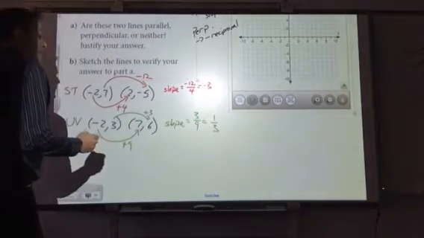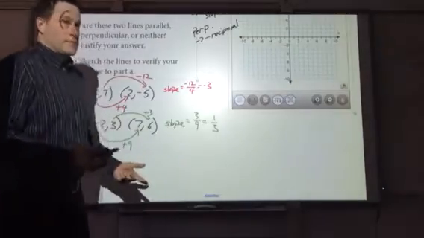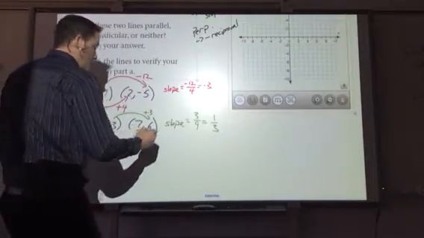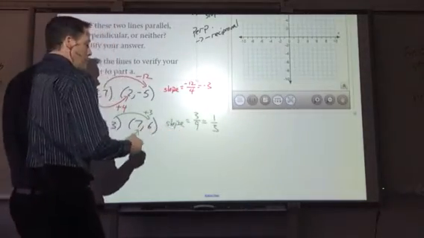Now, they're not the same, so they're not parallel. Are they perpendicular?